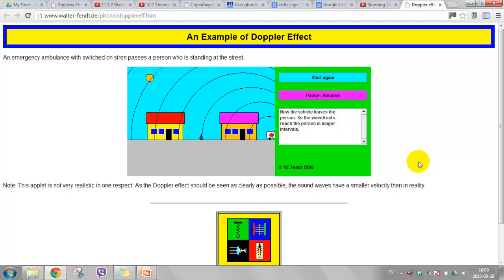We'll observe that again, and with each wavefront I will demonstrate by clicking my fingers. So observe the frequency when it approaches and when it recedes.